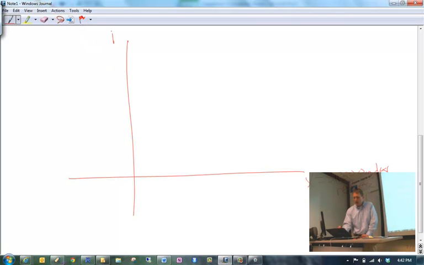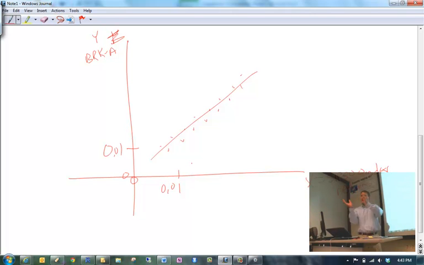And then we have Y here, which is, let's say, Berkshire A. And if you see something like this, and you fit a regression model to it, and let's say that this is all on the same exact scale, so here's 0.01, 0.01. So the X and Y axis are exactly the same scale, and this would mean that I would have a beta hat 1 equal to 1.